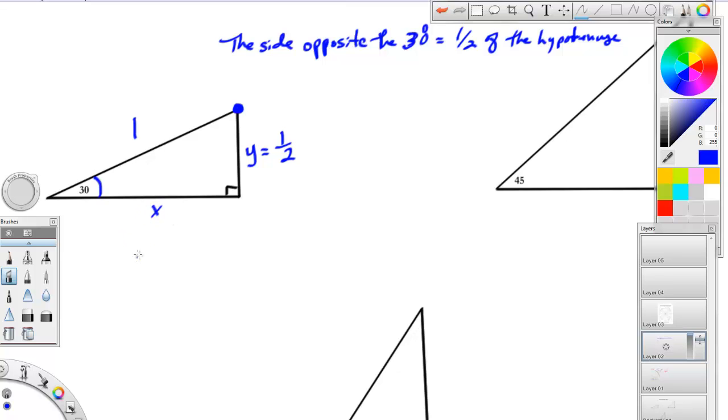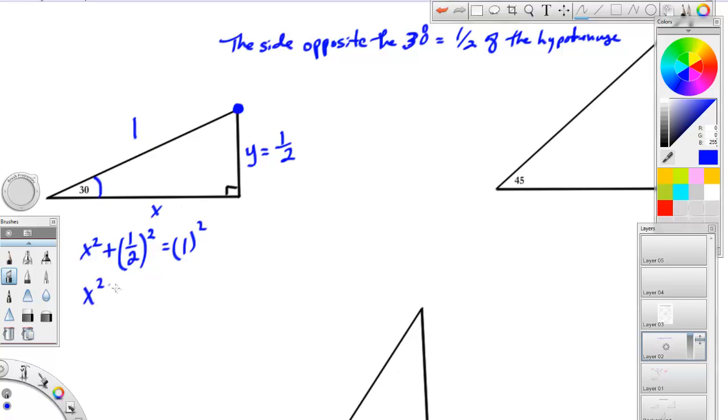Now, how do you find this? Well, if we do the Pythagorean theorem on this, it would be x squared plus 1/2 squared equals 1 squared. There's going to be a whole lot of this Pythagorean theorem stuff today. Usually this is a squared plus b squared equals c squared. It's the same thing. c squared is my hypotenuse, and that's 1.